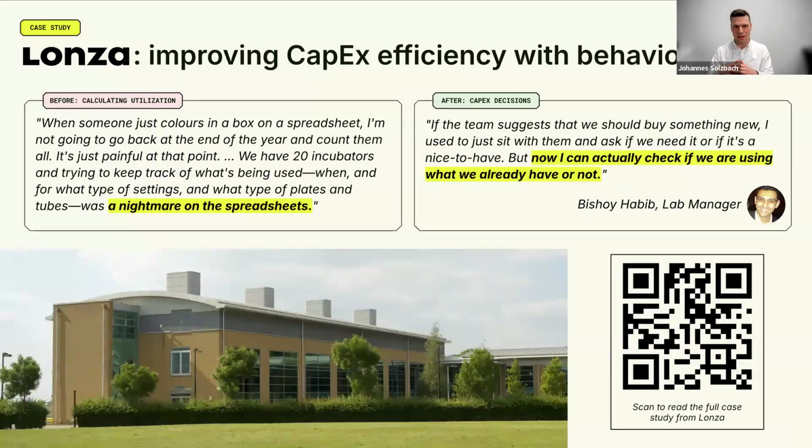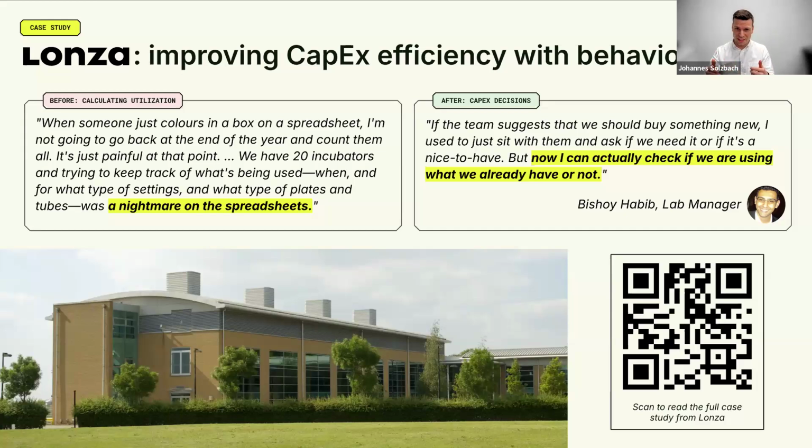Just looking at a case study, this example shows how better visibility supported better decisions for the company Lonza. They had a lot of capital tied up in equipment, but no ongoing reliable view of how intensively it was actually being used. And once they had the continuous utilization data, the conversation shifted.